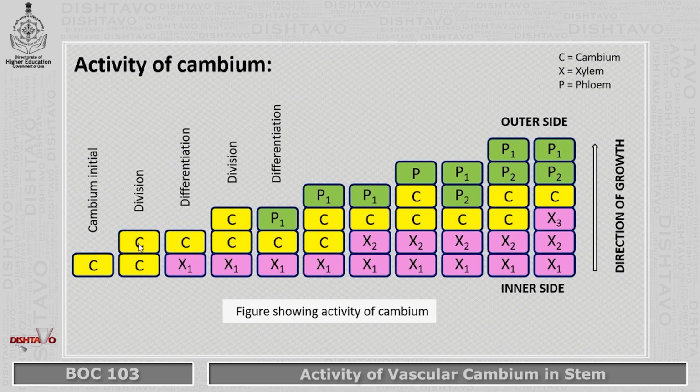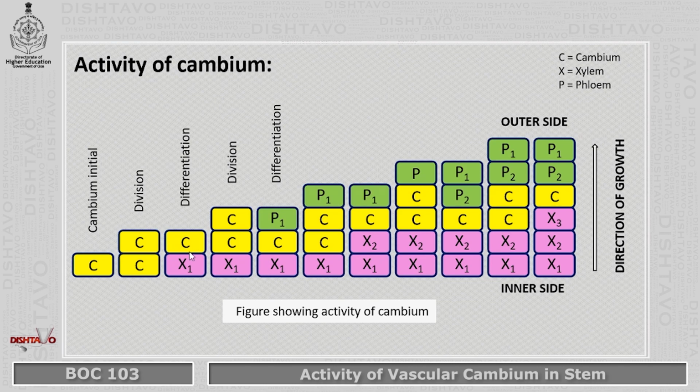One of the cells retains its meristematic activity, and the other cell undergoes differentiation to form a xylem element. In the same way the cycle repeats, wherein the cambial cell divides further to produce two cells which are similar in size and shape.